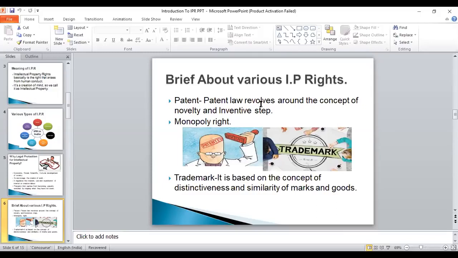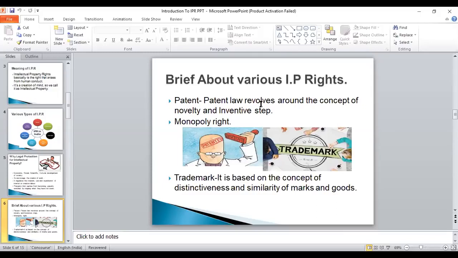I have the patent on it. I have applied to get the patent by fulfilling all the necessary conditions and criteria for that. Now it's my choice. I can give it to XYZ person. So the one to whom I license my patent will be the licensee, and I will be the licensor. So now if I'm giving my invention to somebody else, obviously I won't give it for free, right?